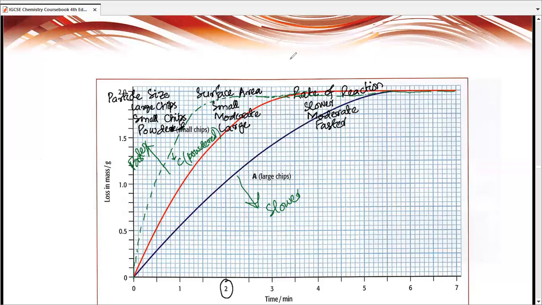Now I'm going to clarify by drawing simple straight lines for this one and this one and this one. Let's go with the straight line for 2 minutes. And if you extrapolate these lines to the y-axis, this is what this one comes out to be, this is what this one comes out to be, and this is what this one comes out to be.